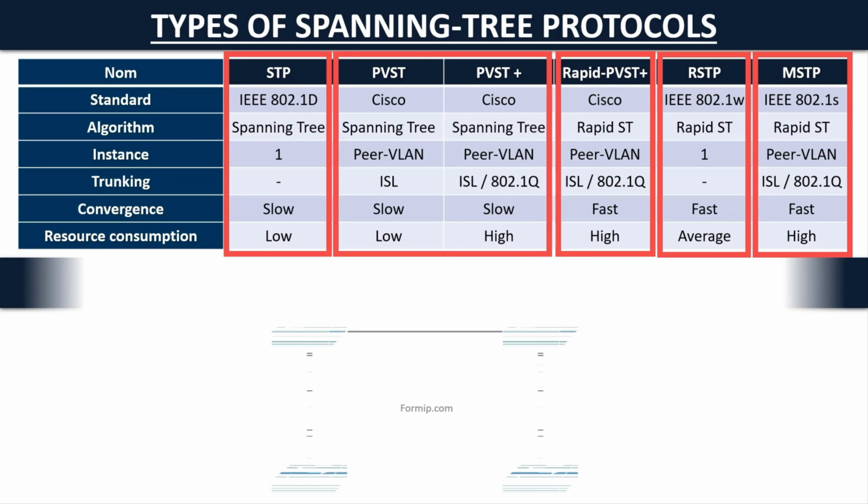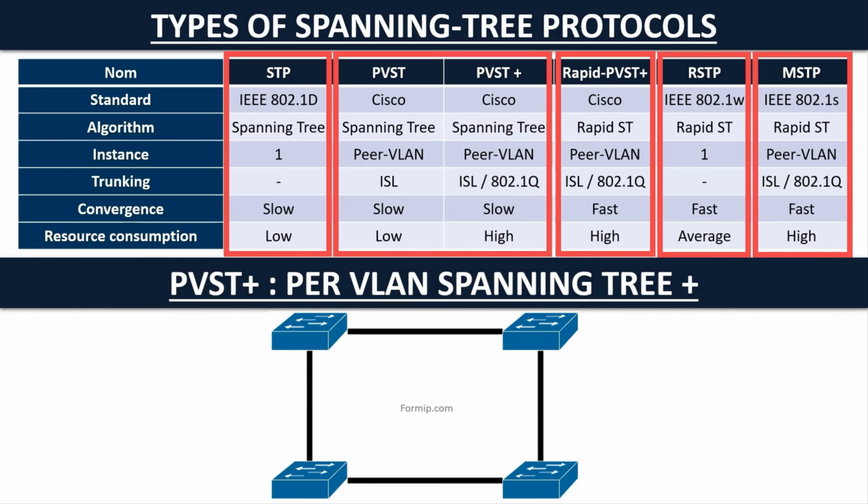By default, on Cisco switches, it is PVST+ which is activated on all ports. So even if it has a much slower convergence than the rapid PVST+, it requires less CPU and memory resources to calculate the shortest path.